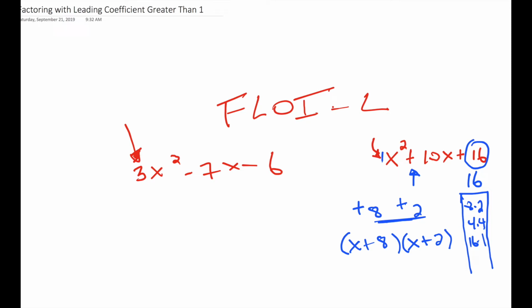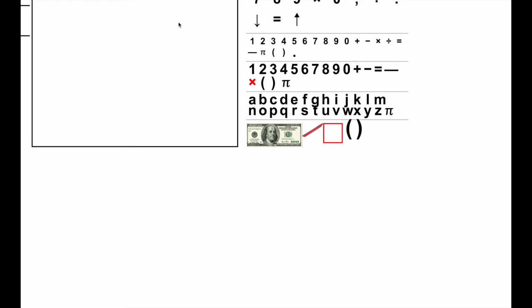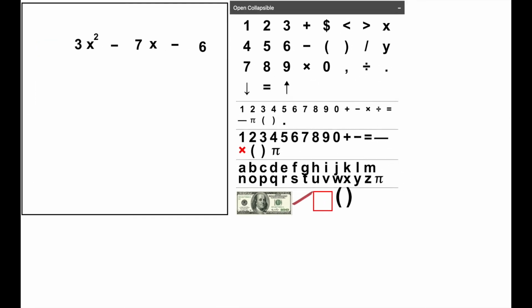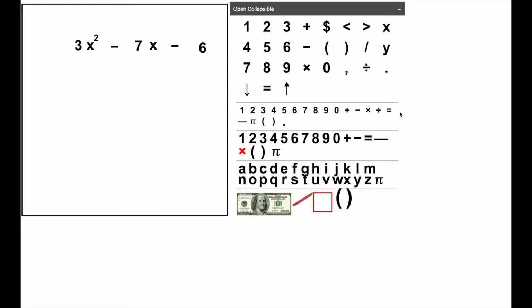Harder one, this one here. Okay, so we have our handy dandy little thing right here. First thing you want to do is set up your parentheses. And you're going to do your first.